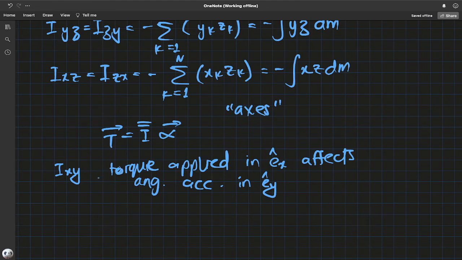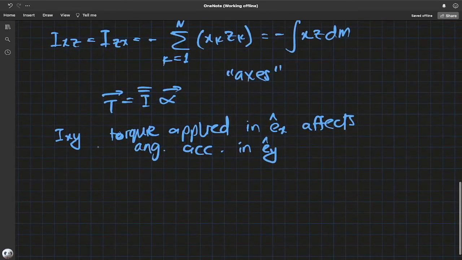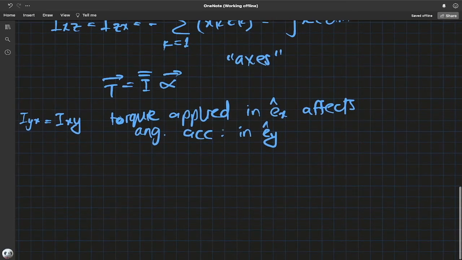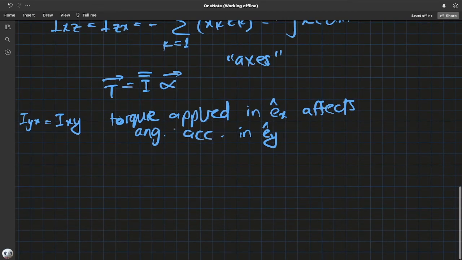So it's sort of a measure of instability. This is again equal to Iyx because of symmetry, because you apply a torque in the x direction, but it can also rotate in the y direction, and that resistance to rotation is basically the magnitude of Ixy.